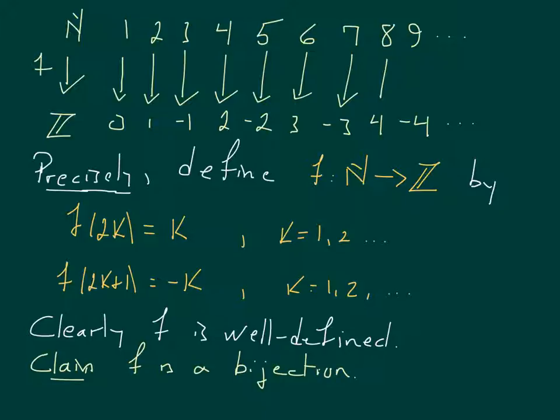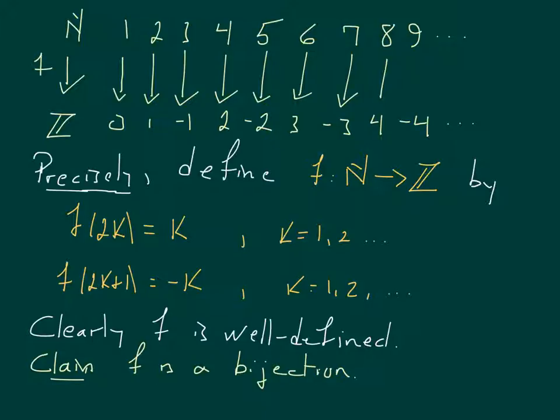We said, well, if you notice, the even positive integers, the even natural numbers, are mapping to the positive integers, and our odd numbers were mapping to our negative numbers, and also to 0. And we noted that this formula here would work. So even number 2k maps to k, and odd number 2k plus 1 maps to minus k. This seems to describe this function up here, as we noticed in class.